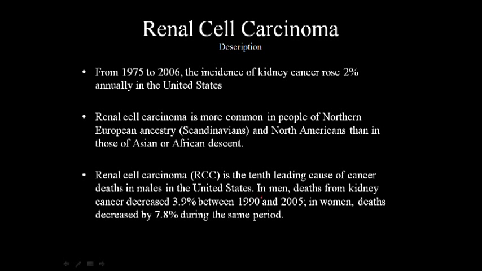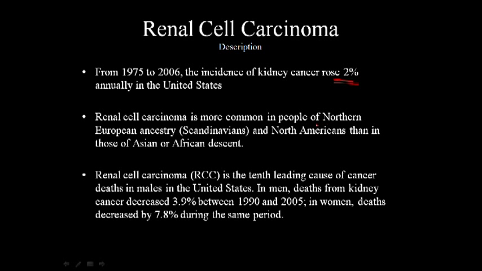From 1975 to 2006, the incidence of kidney cancer rose 2% annually in the United States. So basically, the number of people who experience renal cell carcinoma, or kidney cancer, which is a loose generic term, has gone up each and every year.